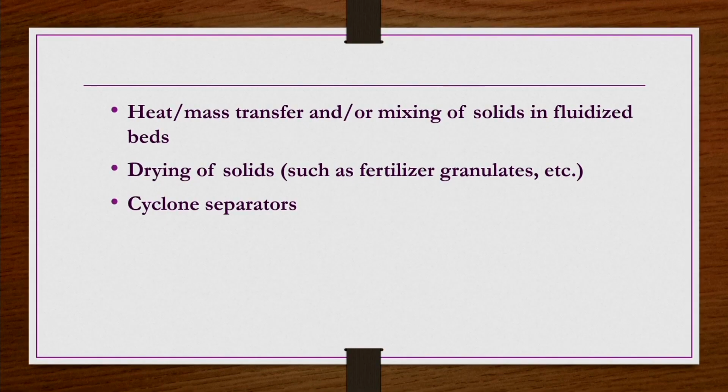Then cyclone separators. After a reaction, if the reaction involves the gaseous phase, let us say a heterogeneous reaction where gases react with solids or other gases on the surface of a catalyst, the gaseous effluents may also contain some particles. Those fine particles in the particle-laden gases you cannot leave into the atmosphere.